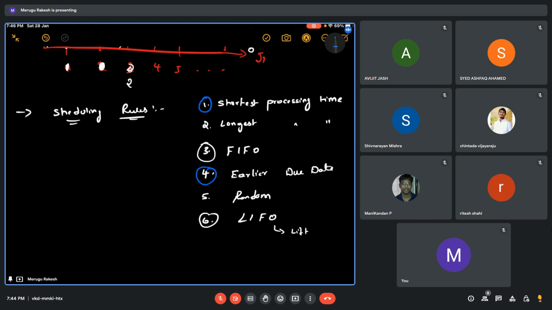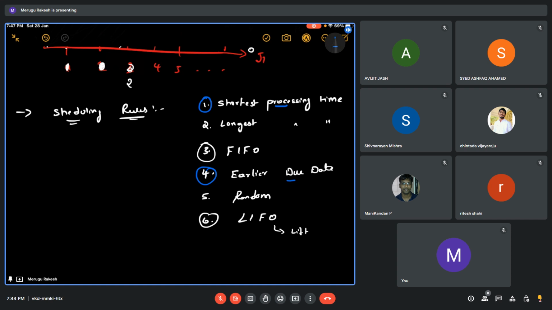But in this case, we will sequence the jobs according to the processing time, the earliest due date, first come first served, or random. Each method has its own advantages as well as disadvantages, so according to that, we have to select the method.